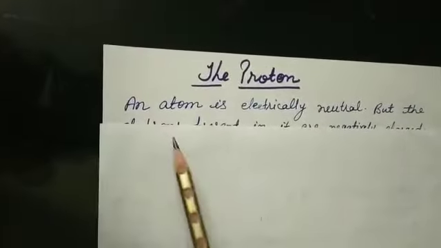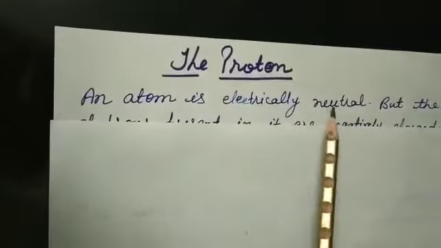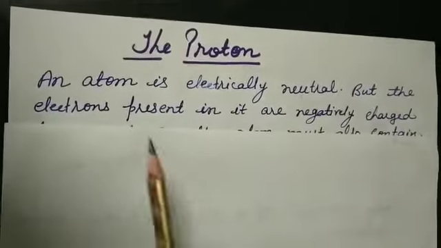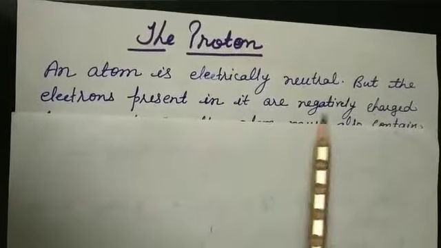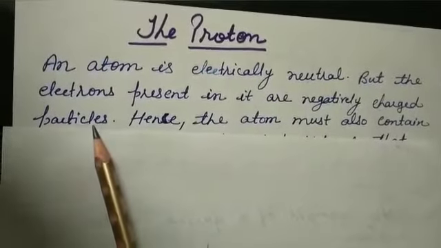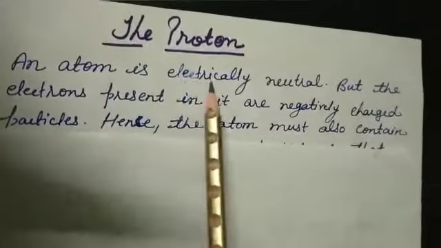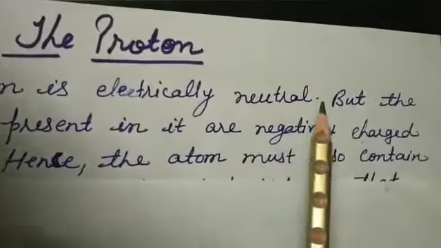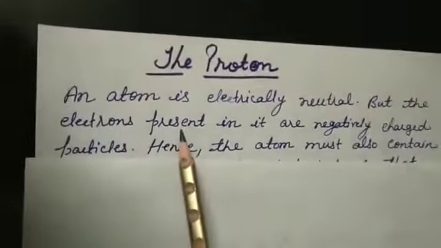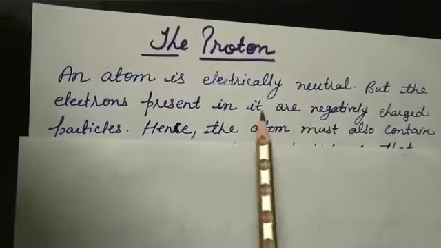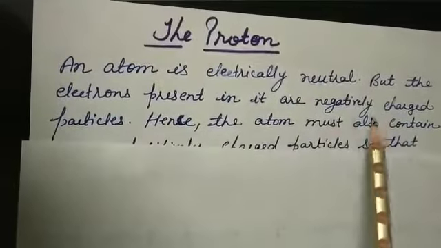See here, an atom is electrically neutral, but electrons present in it are negatively charged particles. Scientists discovered that the atom is electrically neutral, but when they discovered the electron, it had a negative charge.